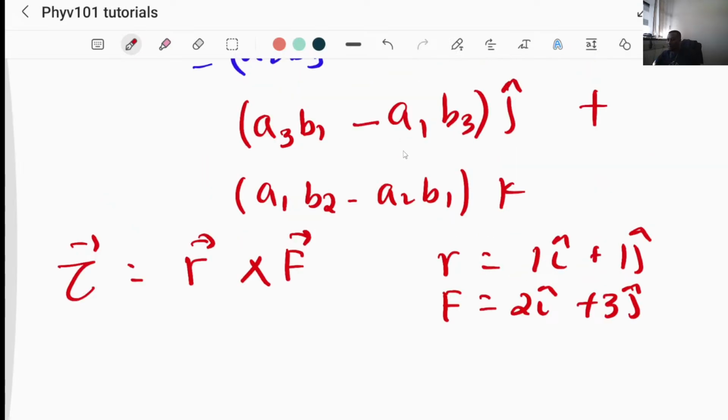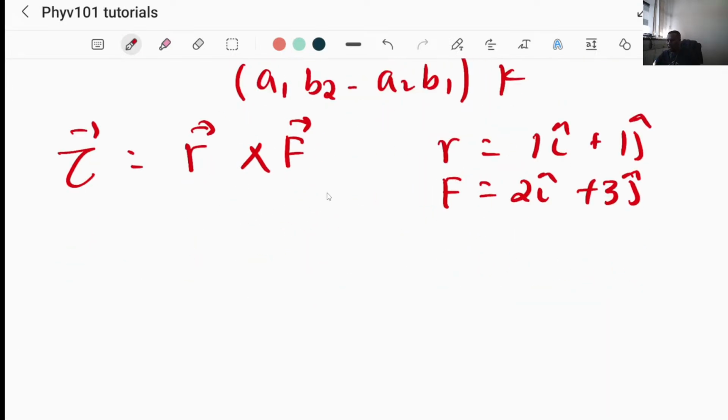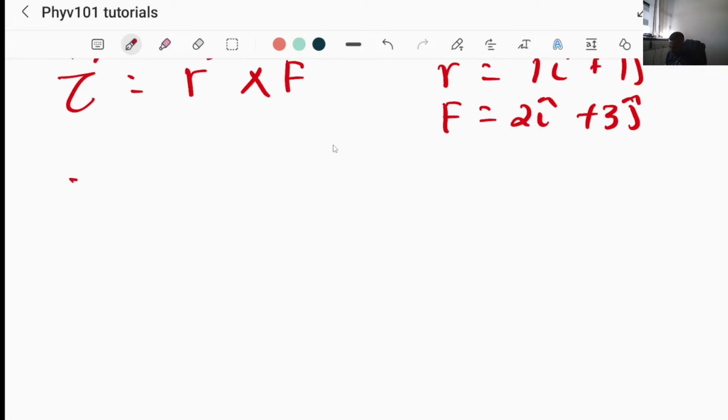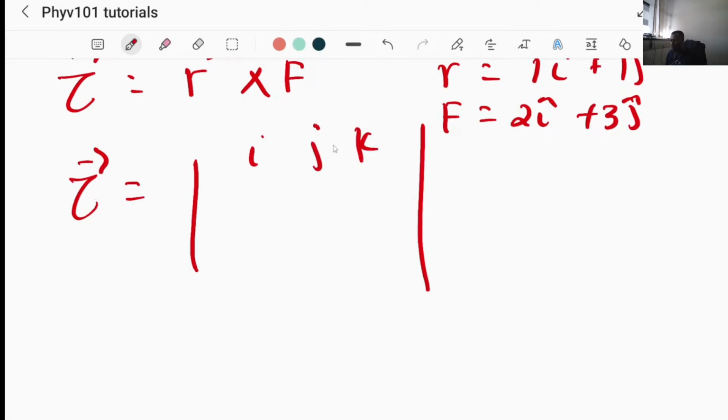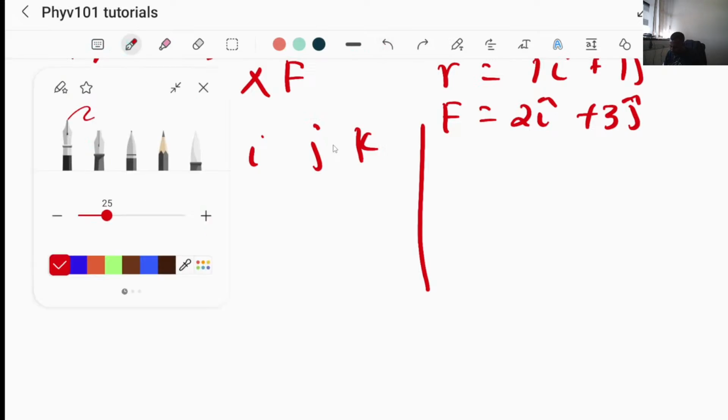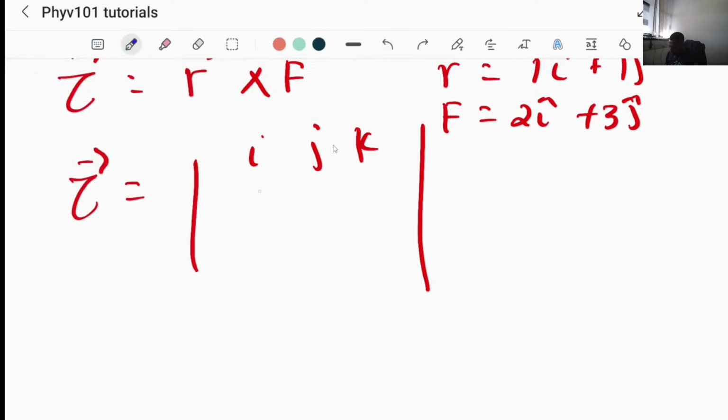I'm going to use the same concept. My torque must equal I, J, K, and I don't have three components now, so I have to start with R first. The components of R are 1, 1, 0, there is no Z component. The force is 2, 3, and 0, there is no Z component.